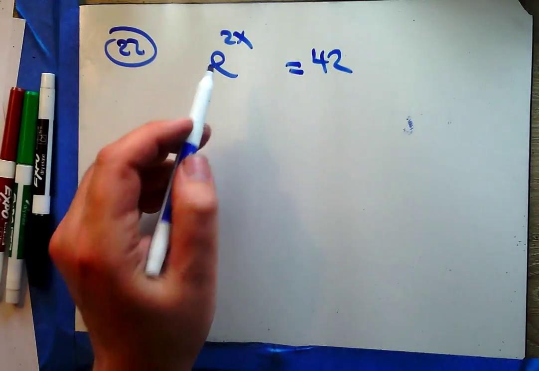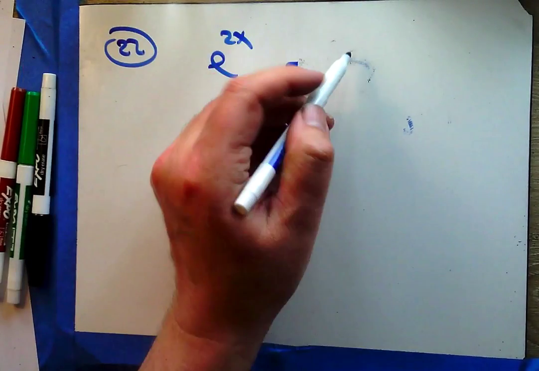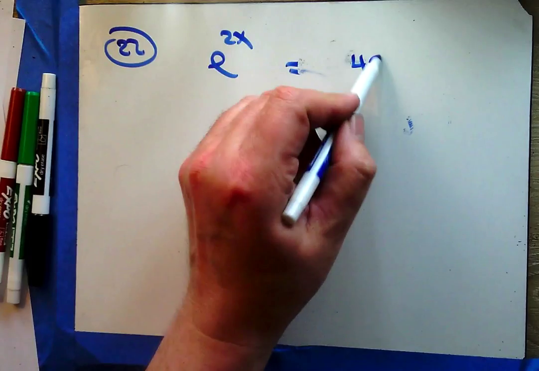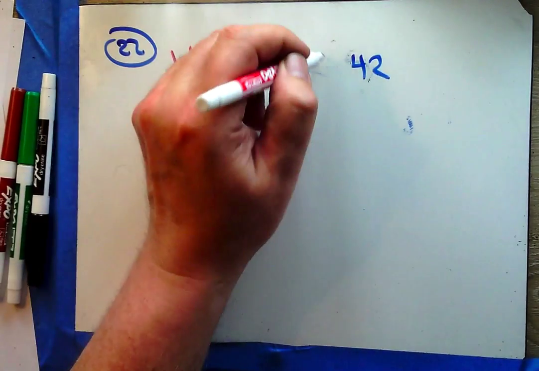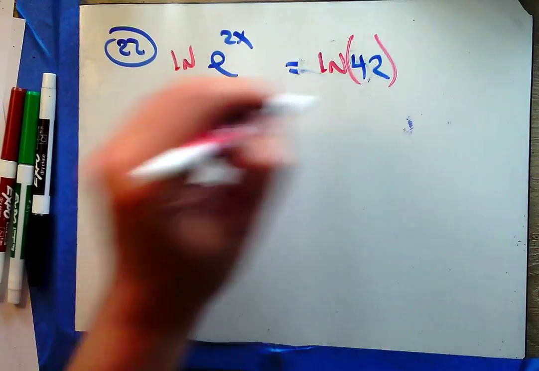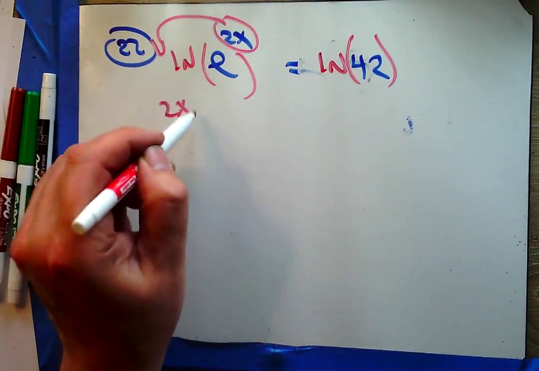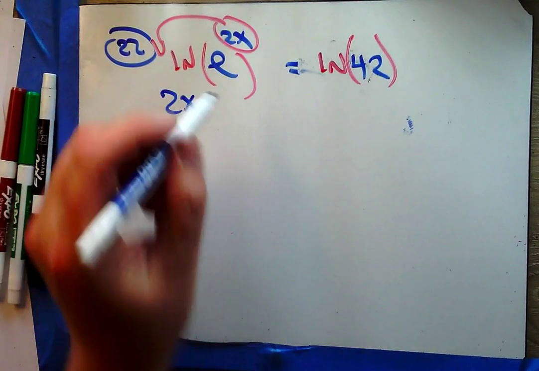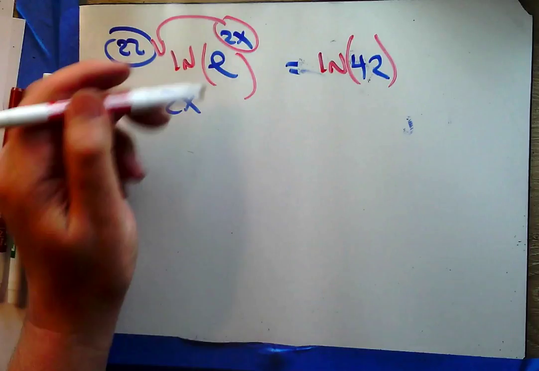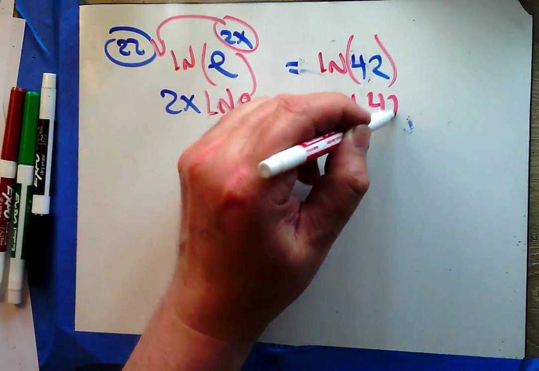Well, what will allow me to bring this exponent down is if I take the log of both sides, or in this case, log base e or ln of both sides. Because now I can bring this down and have 2x. 2x comes down, and ln of e equals ln of 42.